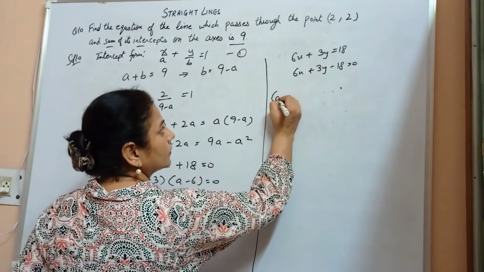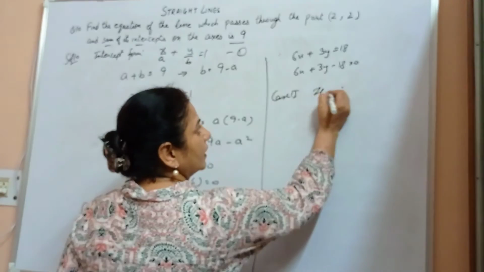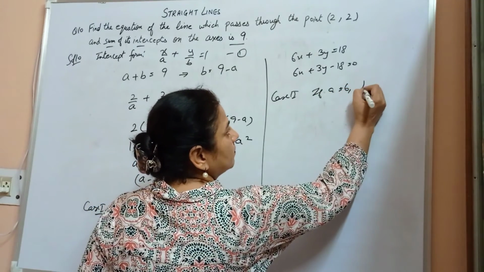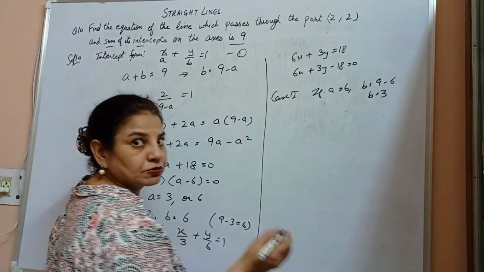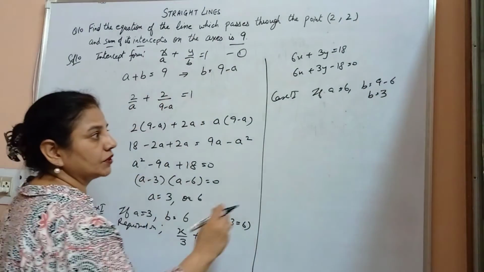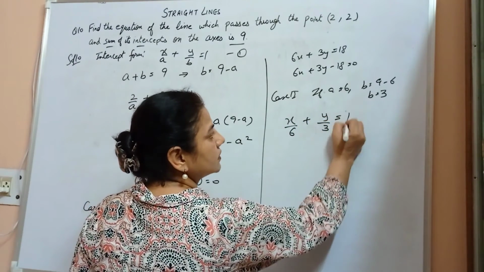Consider case 2, when a is 6. If a is equal to 6, then b is equal to 9 minus 6, that means b is equal to 3. So substitute the value in this first equation. We get x upon 6 plus y upon 3 is equal to 1.